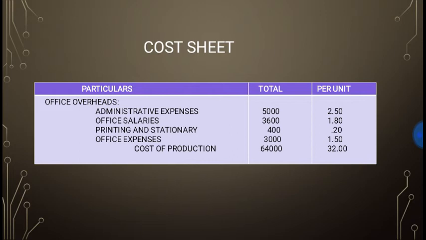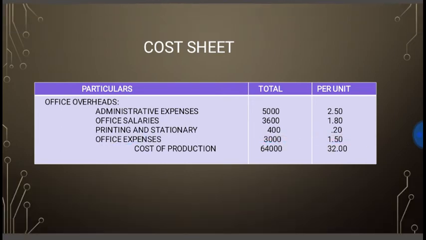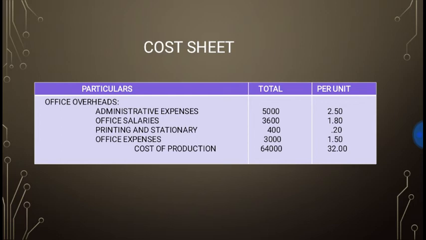Now office expenses, this one, office expenses 3000. Yes, I have mentioned here 3000, per unit 1.50. The next is office salaries, that is 3600, per unit 3600 divided by 2000, that is 1.80.